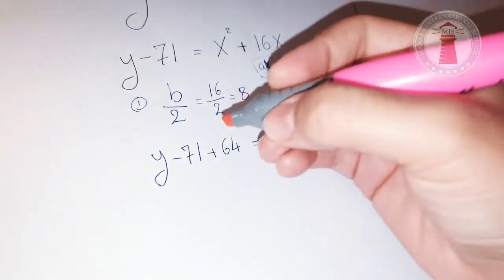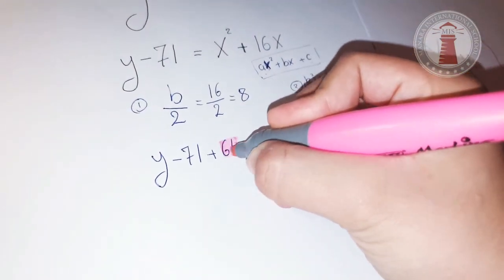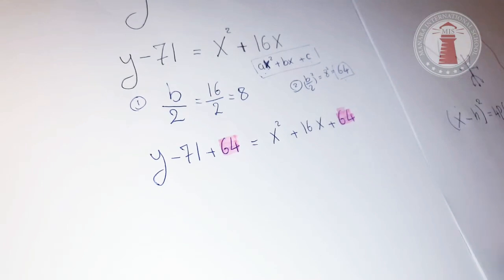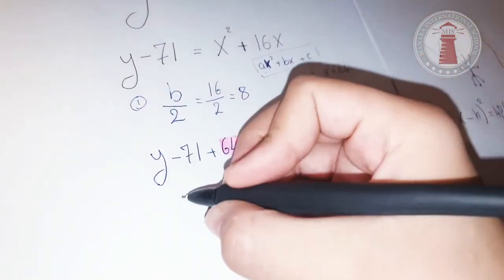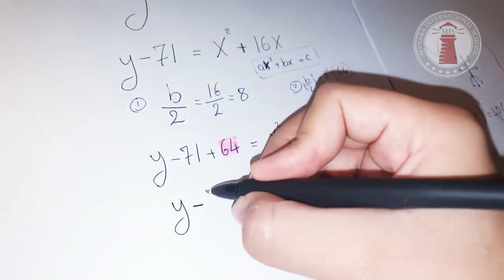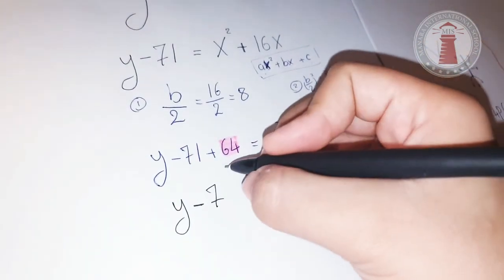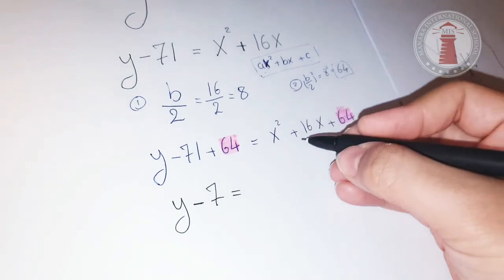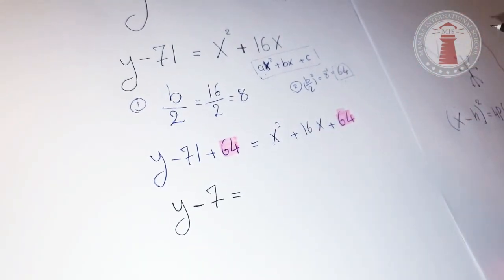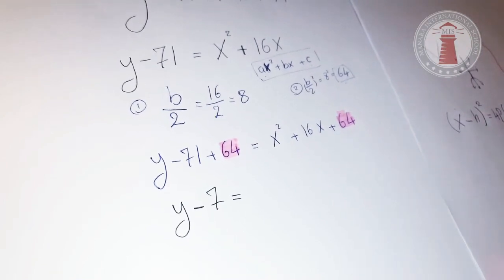Okay, here, these are the constants that we added. So this becomes y minus 7, equals. Now, we already have the form of completing the square. Now, how can we simplify it?